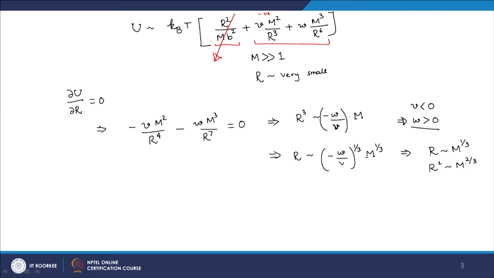So, now again comparing to the ideal chain, which was r square scaling as m, we have m to the power 2/3. 2/3 is less than 1. So, the chain is more collapsed compared to the ideal chain, and of course, the self avoiding walk that we have discussed earlier.